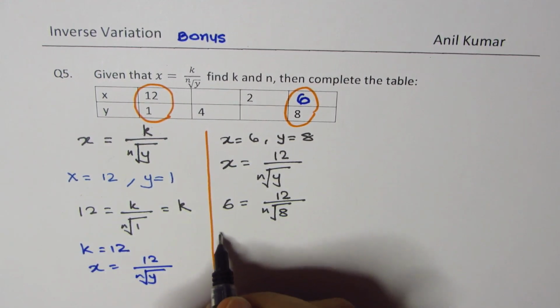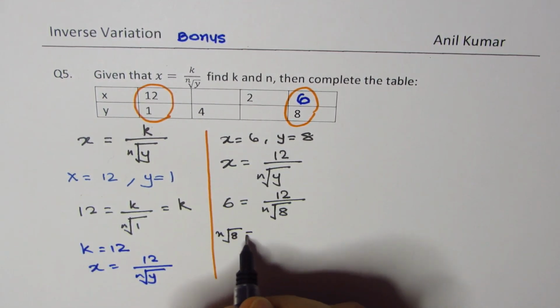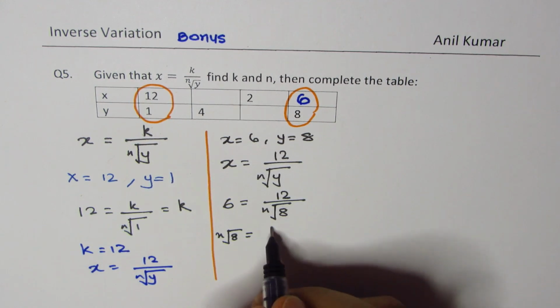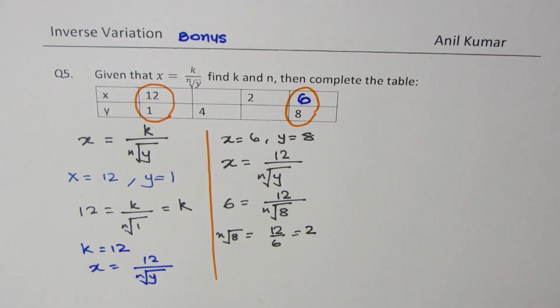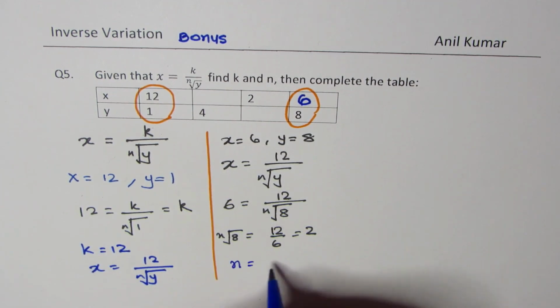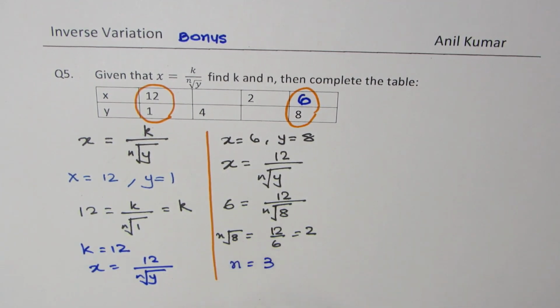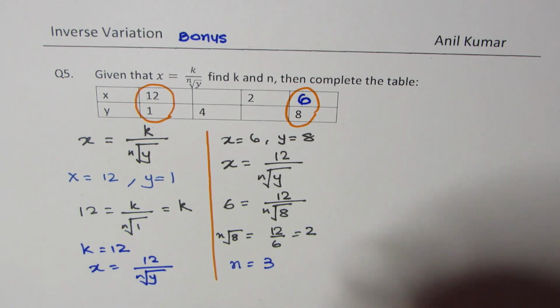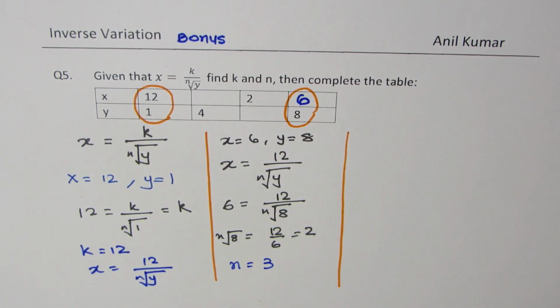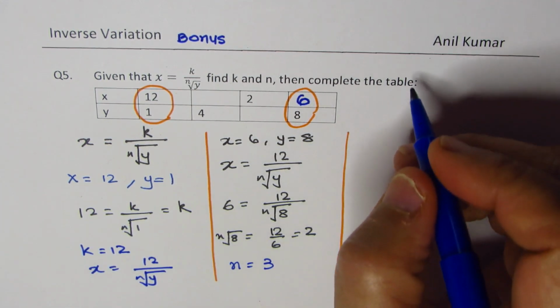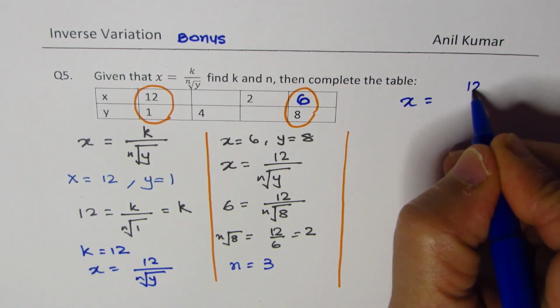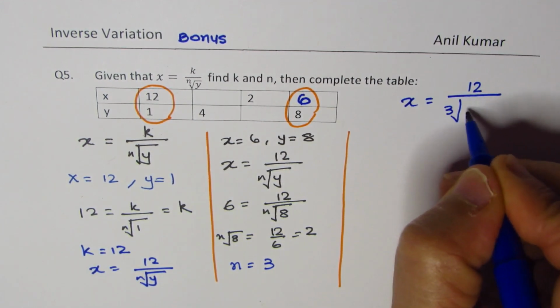If I cross multiply, we get the nth root of 8 equals 12 over 6, which is 2. That is possible only if n is equal to 3, right? The cube root of 8 is 2. So we get n equals 3, and therefore we can write the equation x is equal to 12 over the cube root of y.